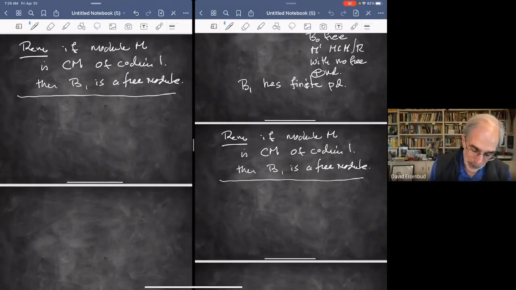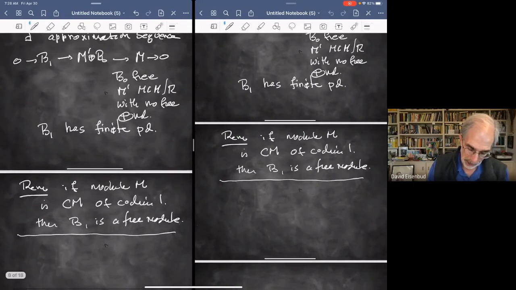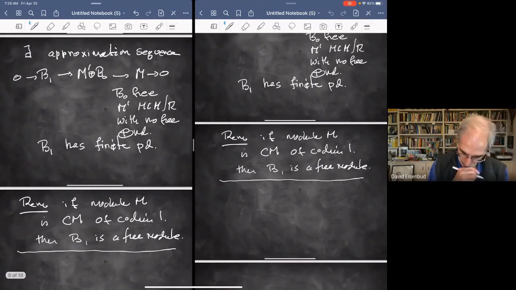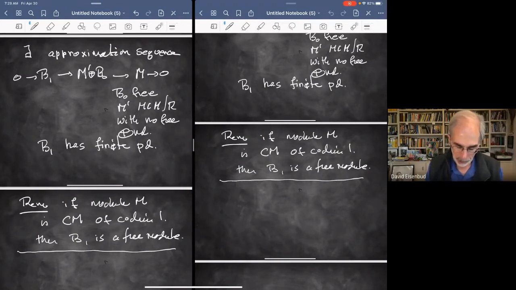So how do you build this exact sequence? Really, the important one is M prime. If I take M prime, that'll be a maximal Cohen-Macaulay module and a map to M. I can always put in a free module to make it a surjection. I just take the minimal number of generators I need to make a surjection.